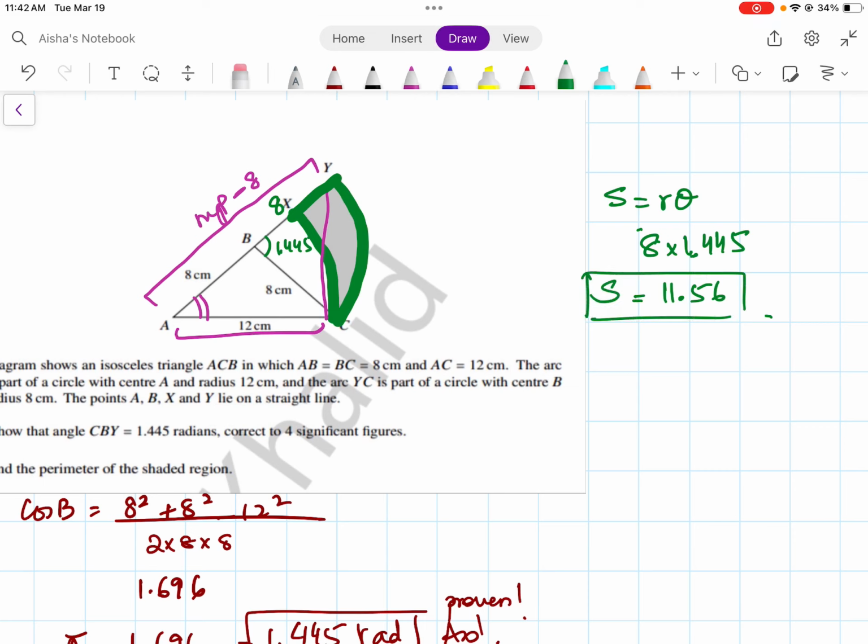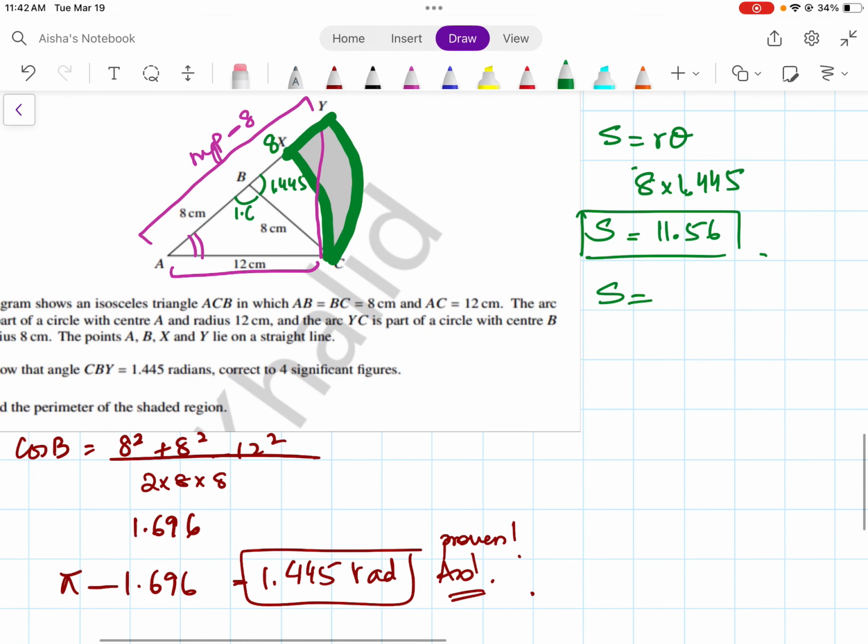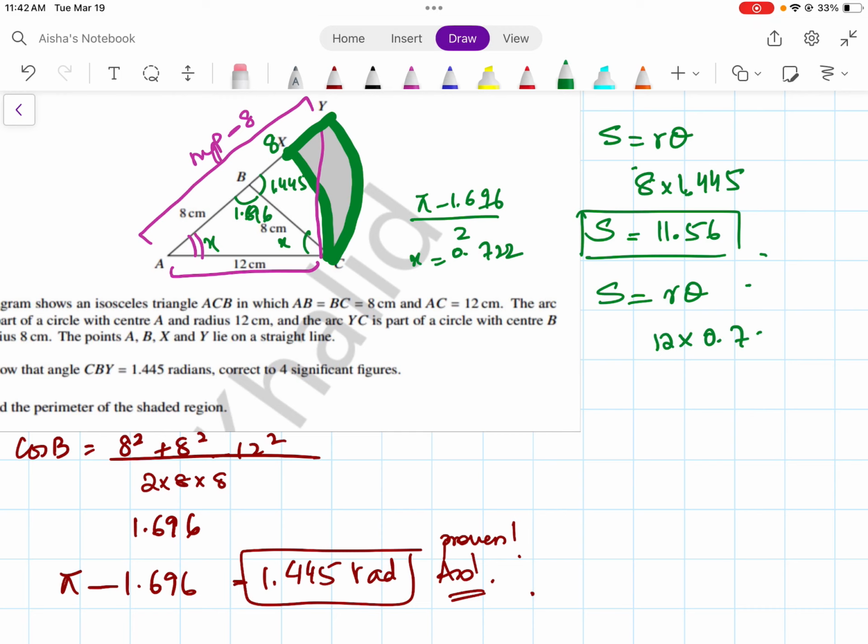Now let's consider this one. S is equal to r theta. This one is 1.696. These two angles will be equal. I subtract them from pi divided by 2. My x value will be 0.722. R theta, the radius is 12 into 0.722. Arc length will be 8.674.